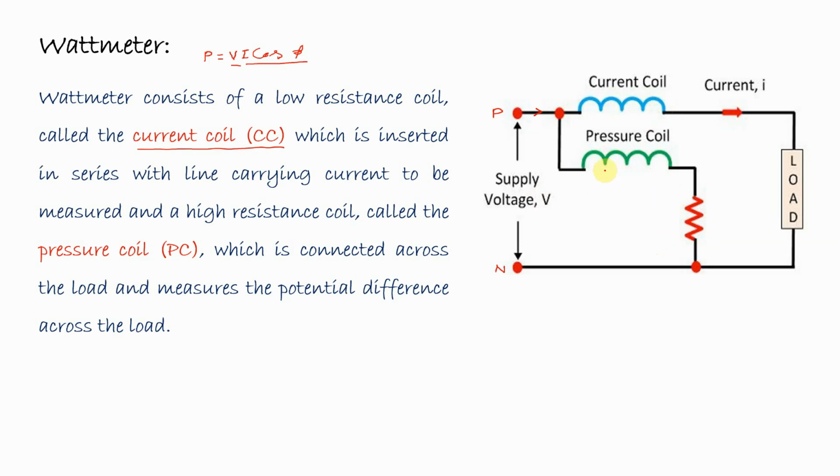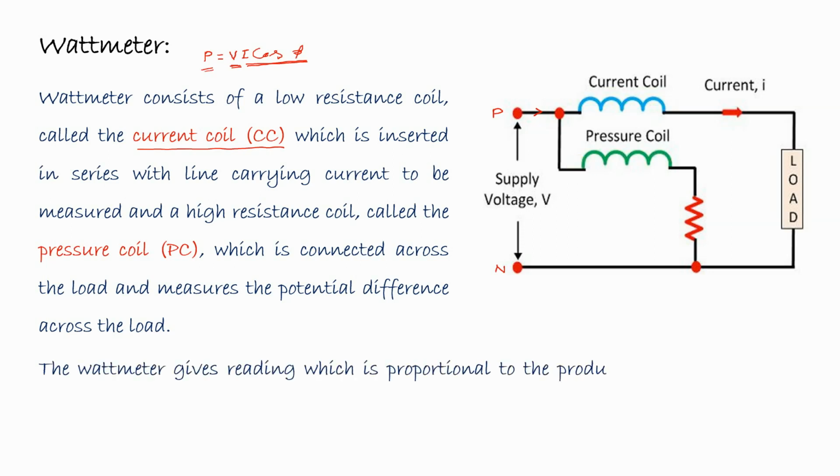So V will be measured by the pressure coil, and I cos phi, the active component of the current, will be measured by the current coil. By calibration of the instrument and from the reading of the scale, we can measure the power that is consumed by the load.